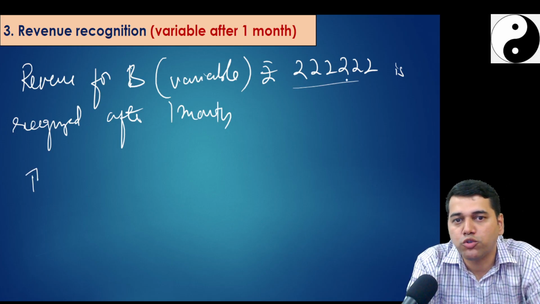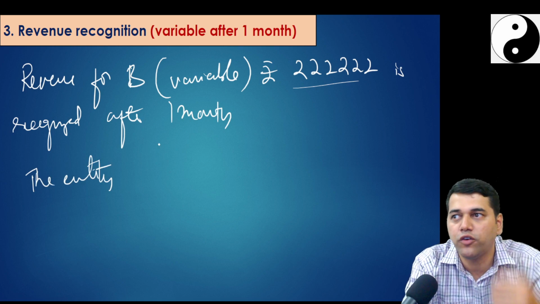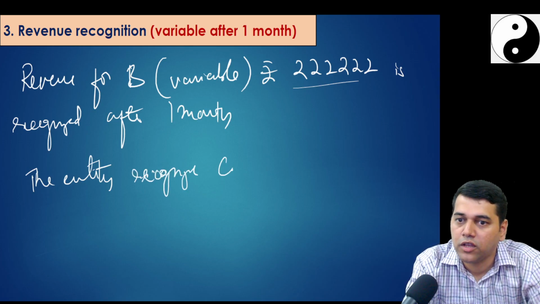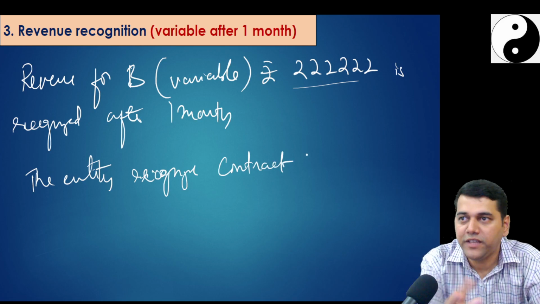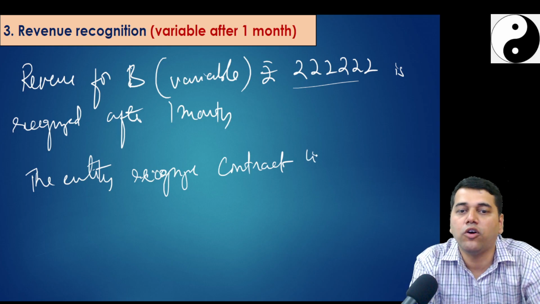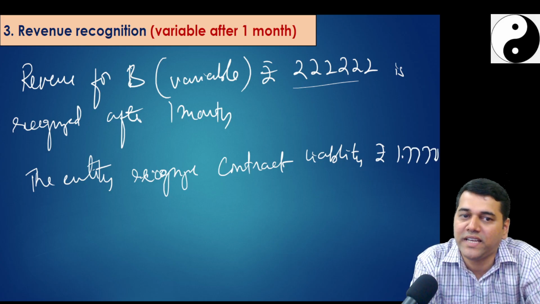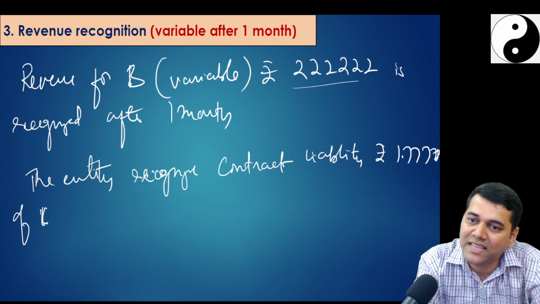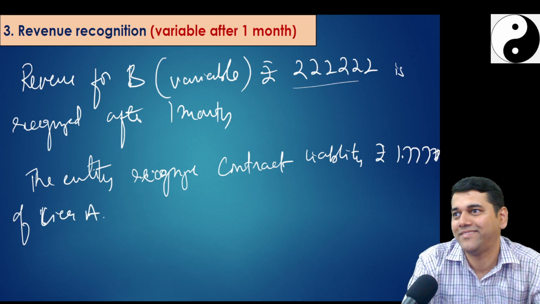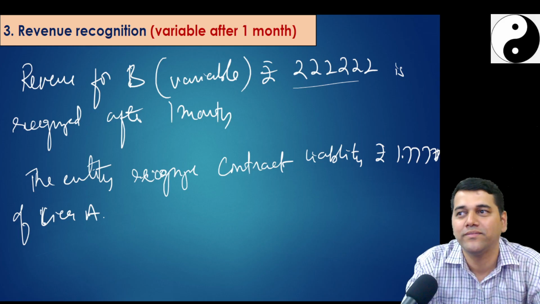But if you recognize 2,22,000, the entity recognizes a contract liability, because he has paid you 4 lakh. Out of that, 2,22,000 you recognize right now, there is a contract liability of how much? Rupees 1,77,778 of license A. He pays you 4 lakh now, but you can't recognize the revenue now.